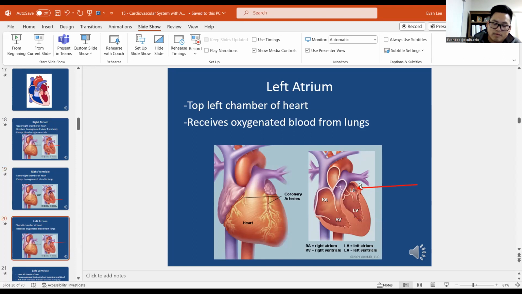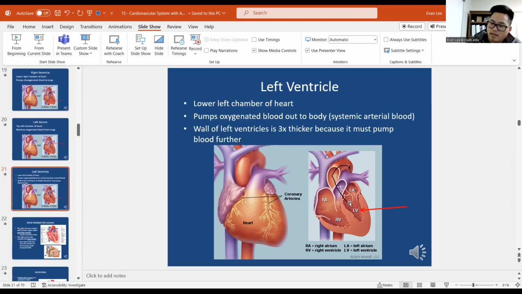That blood is going to have a lot of oxygen. All the left atrium needs to do is pump the blood downward into the left ventricle, and that's basically what it does. And if you look closely, this left ventricle is actually the biggest one. It has the thickest myocardium, the most muscular tissue, because the left ventricle is pumping the blood everywhere. This is the blood that has to go up to your brain.